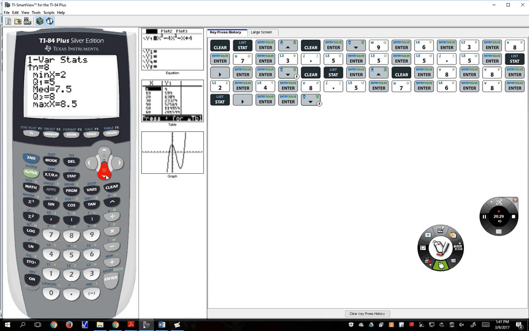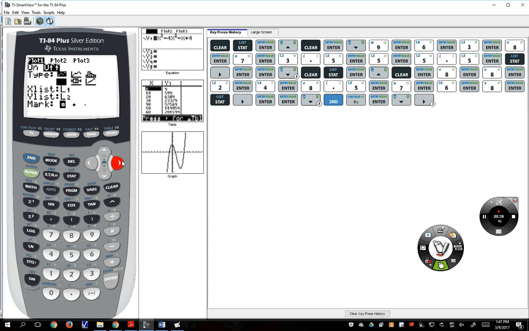You actually can. If you go to stat plot and go into the plot, instead of choosing the scatter plot that we have always chosen, you can choose a box and whisker plot with outliers marked, or just a box and whisker plot where you're not considering outliers. Choose your list and then, oops, I got to turn it on.